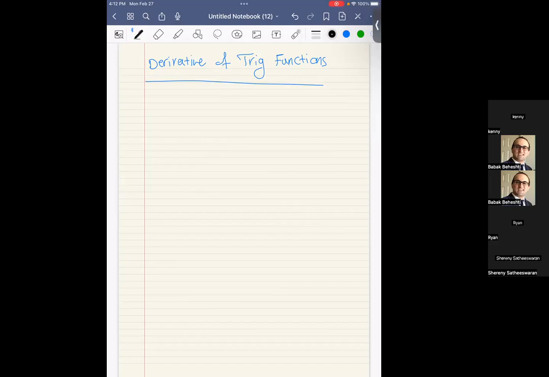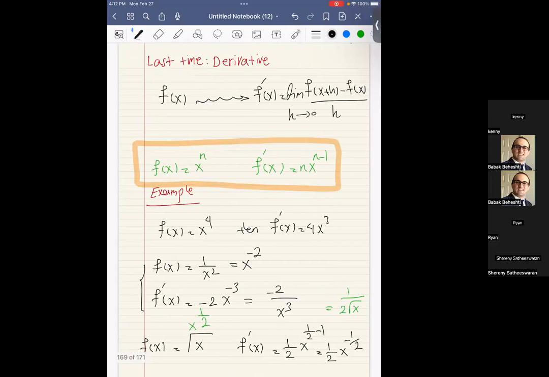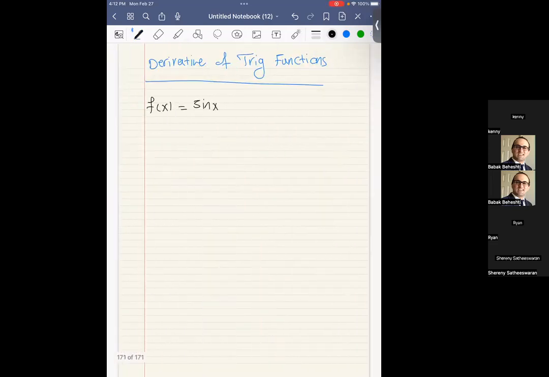We accept that the derivative of sine, if you have f of x equal to sine x, and if we use the limit definition of the derivative, eventually f prime of x is equal to cos x. So the derivative of sine is cos.